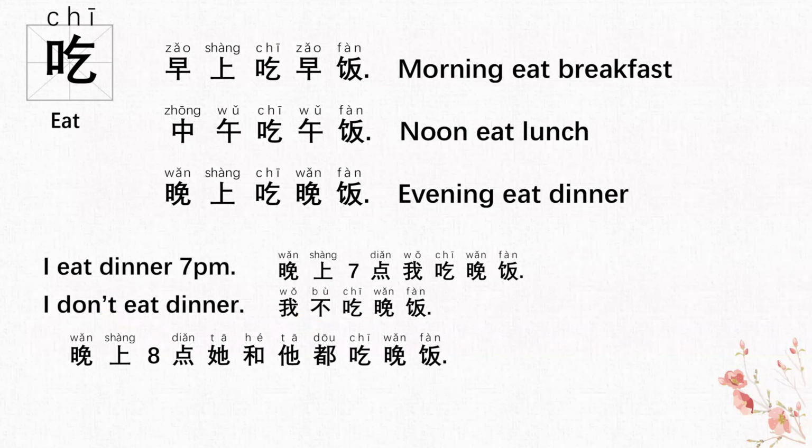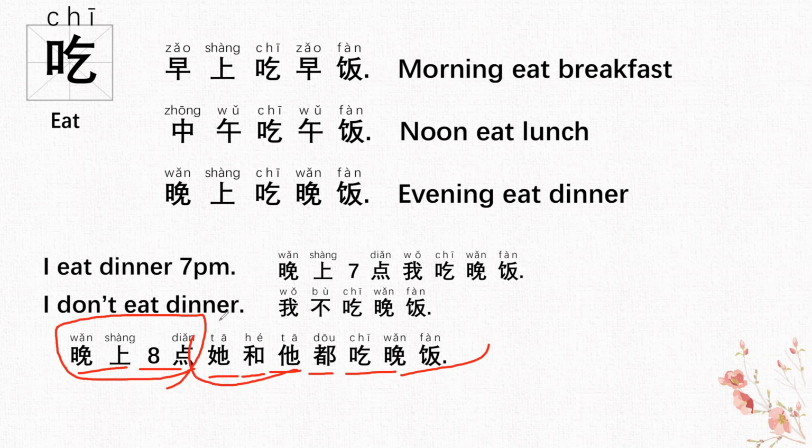So here is a sentence in Chinese. Guys, we can work out together to get the English meaning of this sentence, okay? 晚上8点，他和他都吃晚饭。Firstly, the time point is 晚上8点, then the subject 他和他. What did they do?